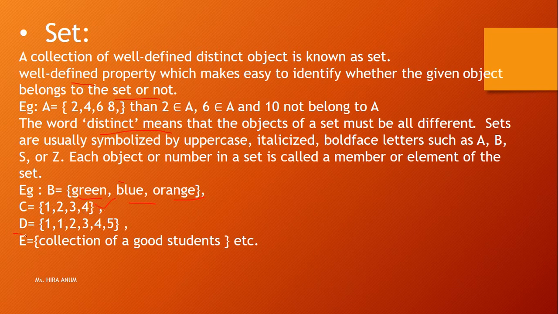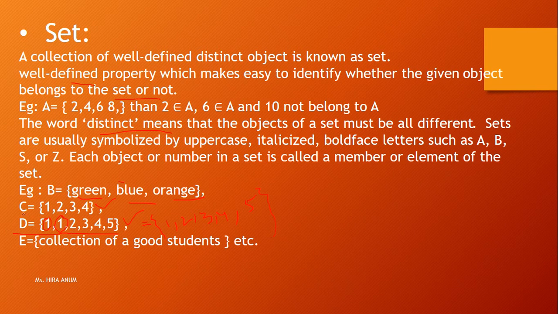You have set D, but you can see the number 1 is placed twice here: 1, 1, 2, 3, 4, 5. This is a set, but the proper way of writing it becomes 1, 2, 3, 4 and 5. This is the proper way of writing the set.